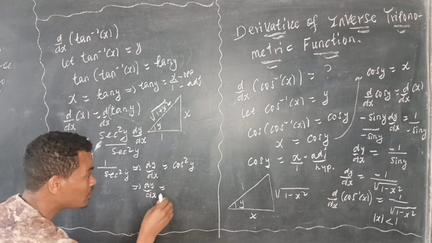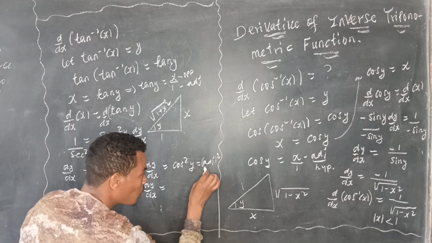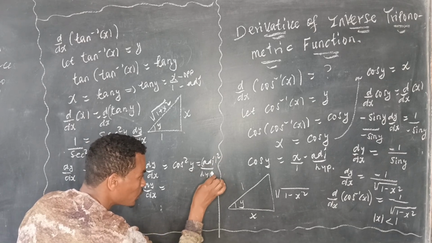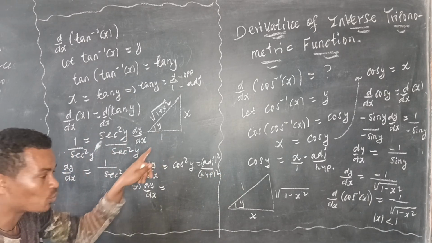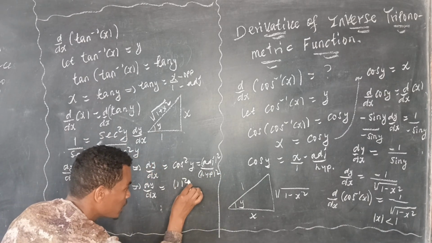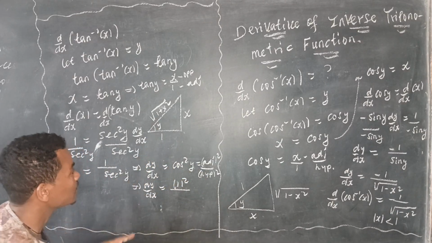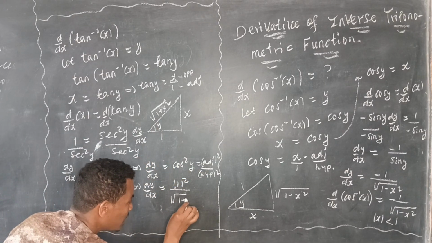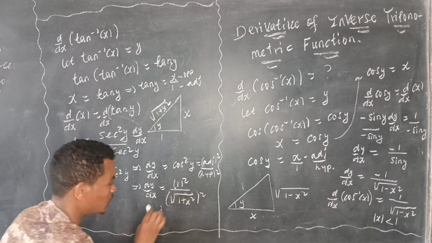Cos square y is adjacent the whole square over hypotenuse the whole square. For this angle, the adjacent is 1, squared, over the hypotenuse, radical 1 plus x square, and the radical the whole square.